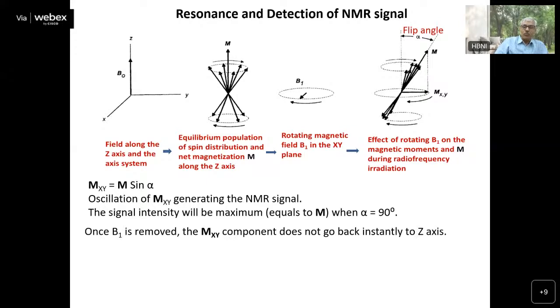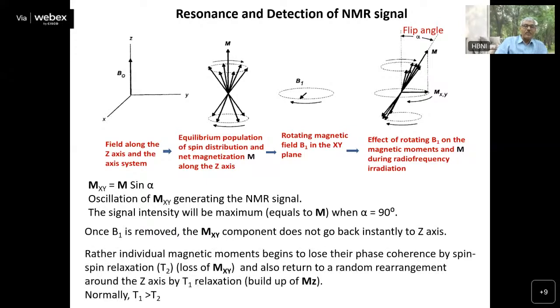Now if you remove the B1, this M XY component will not go back to the z-axis instantly. It will take some time. So what will happen during this time? First, the M XY component magnetization will lose its phase coherence by spin relaxation, which is called T2. Simultaneously, T1 will also be effective.